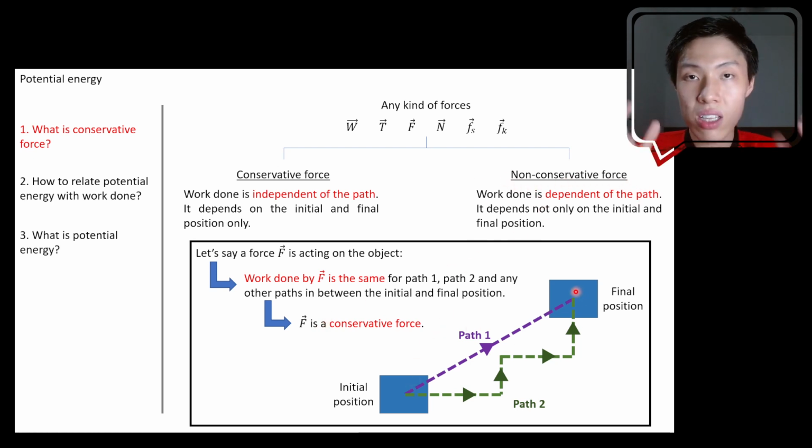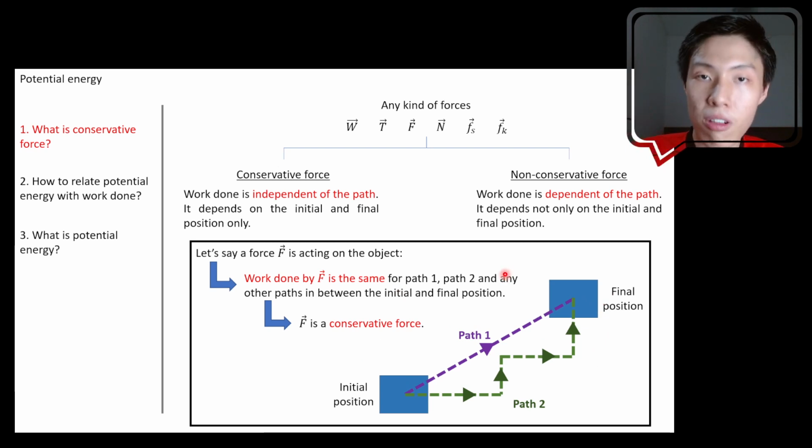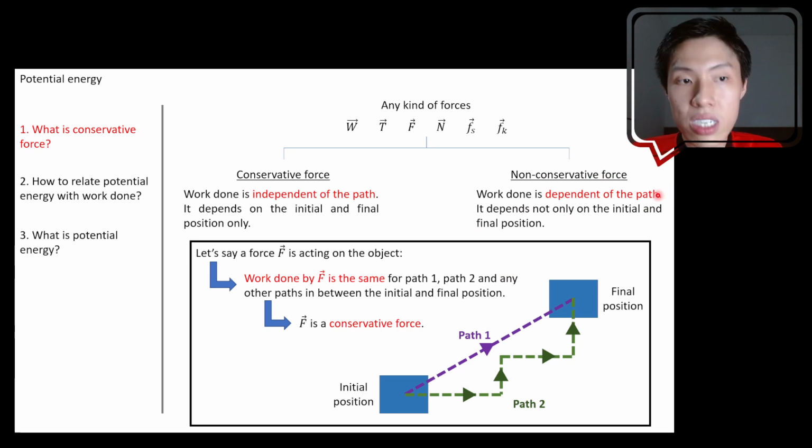You take path 1, you get one work done. If you use path 2, it will give another answer for work done. Of course, if you take path 3 or path 4, you get different answers for work done. If that's the case, it's dependent on the path, not just the initial and final position only. So in that case, we can conclude that this force is a non-conservative force if it gives you different work done for different paths.